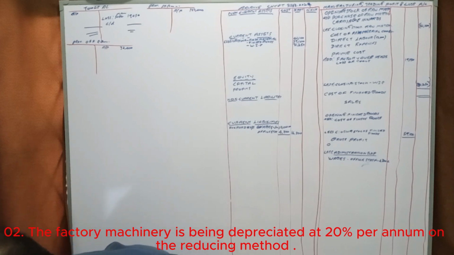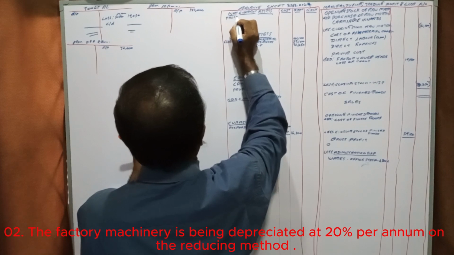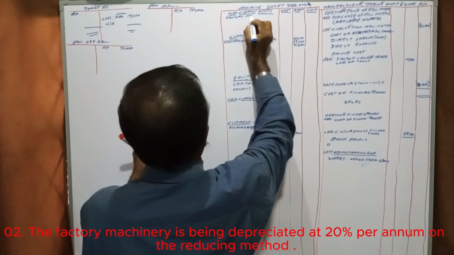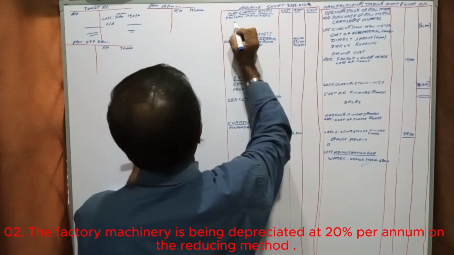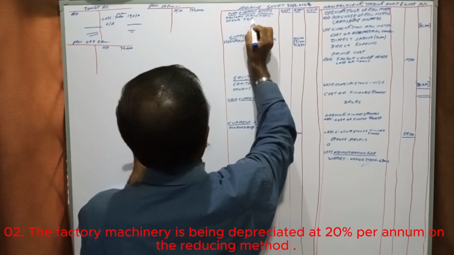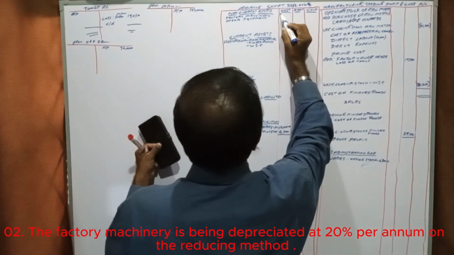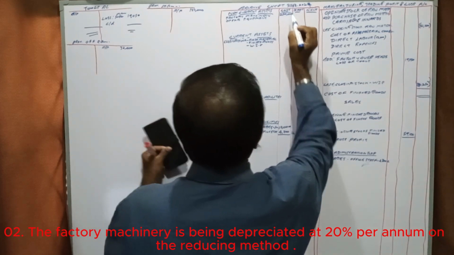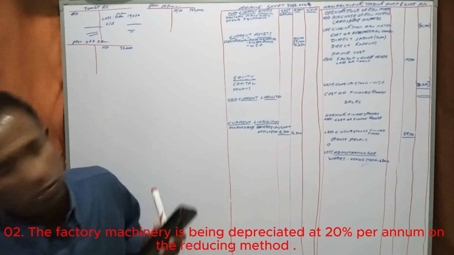And the factory machinery cost is 250,000, and the office equipment cost is 72,000.